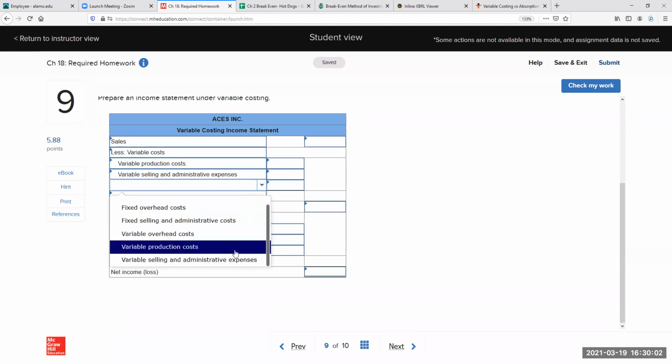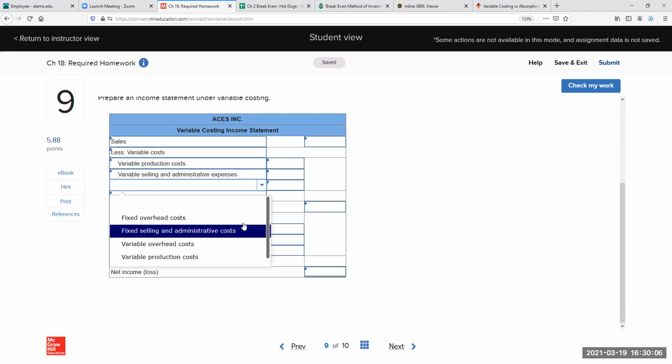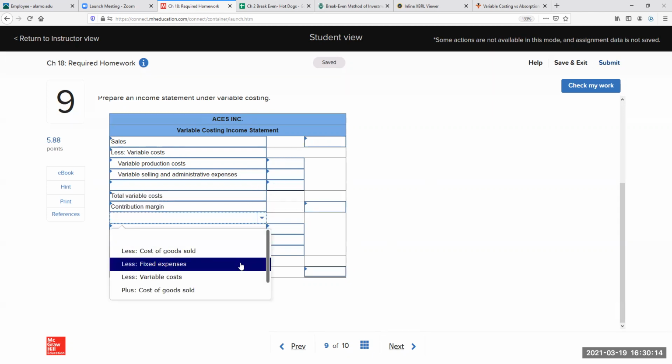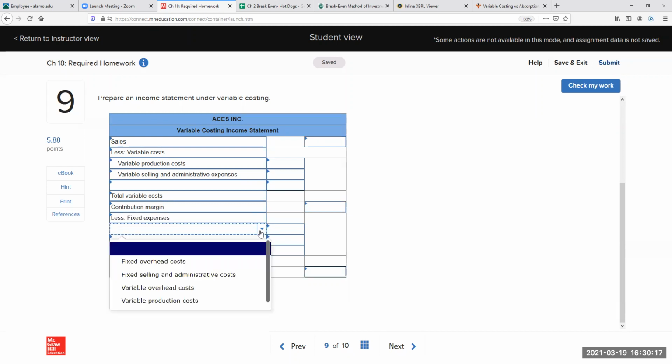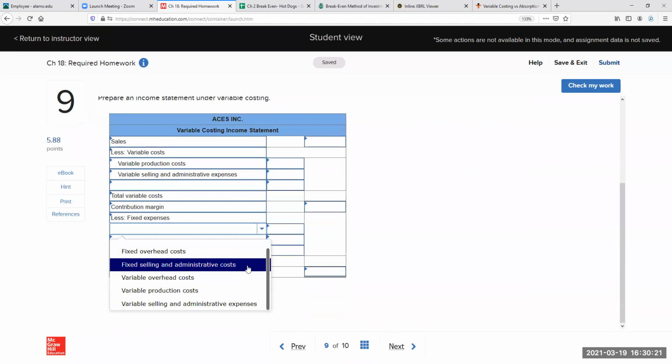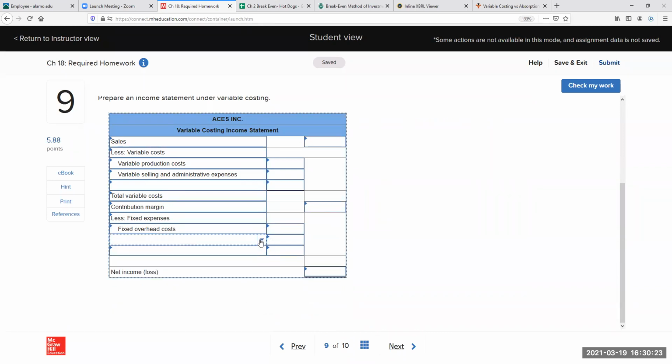Okay, let's put that there. So here's my total variable cost, and I subtract that, and that's contribution margin. Then I want my fixed cost less my fixed expenses. What are they? I have fixed overhead and I have fixed selling and admin.